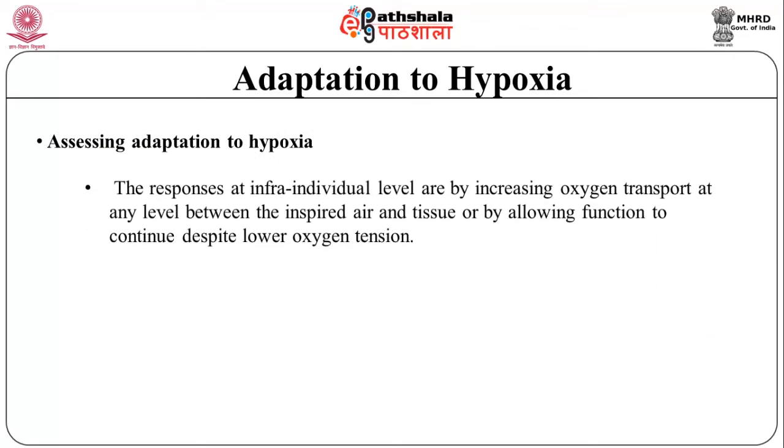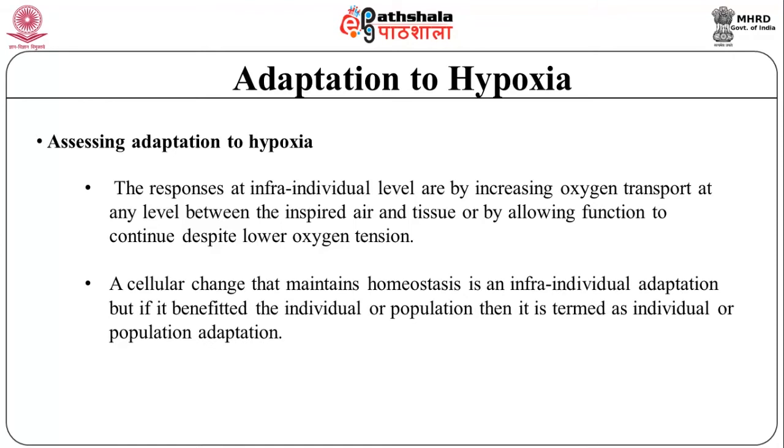The responses at infra-individual level are by increasing the oxygen transport at any level between the inspired air and tissue, or by allowing function to continue despite lower oxygen tension. A cellular change that maintains homeostasis is an infra-individual adaptation, but if it benefits the individual or population, then it is termed an individual or population adaptation.